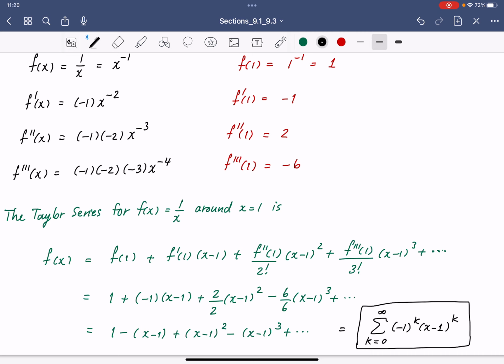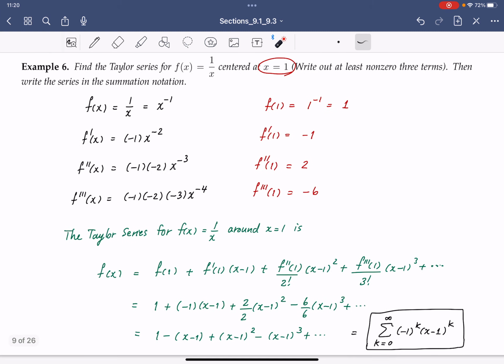Every time you have (x minus 1) with you, and the sign swaps between plus and minus. If you want it to start from minus, you just change this to k plus 1. That's all you need. So (-1) to the k means you start from plus, and (-1) to the k plus 1 starts from minus. You just swap the sign.